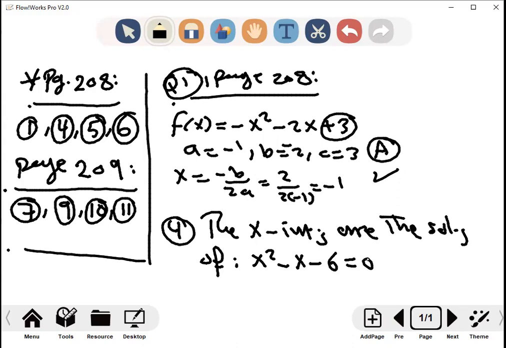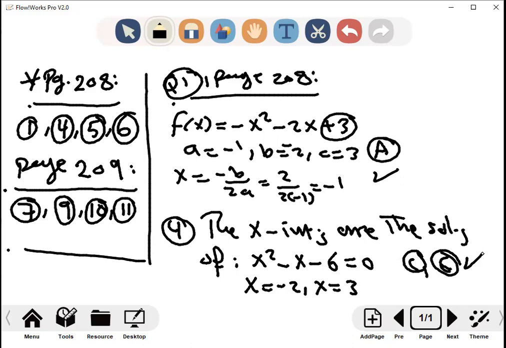Assume that we don't have the graph. Solve it: factoring, quadratic formula, whatever. x will be minus 2 and x equals 3, which are selections C and E. C and E are the correct solutions. Okay? Done?